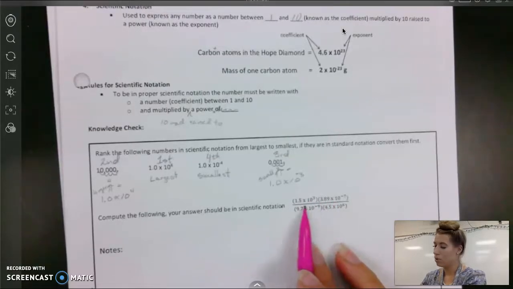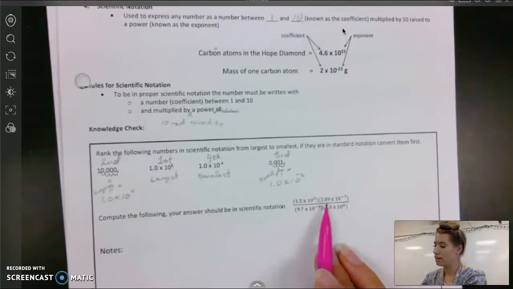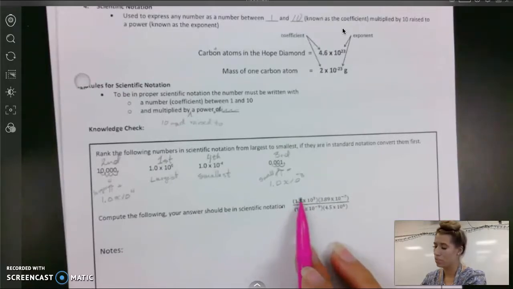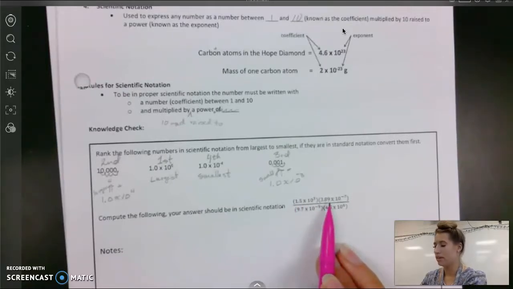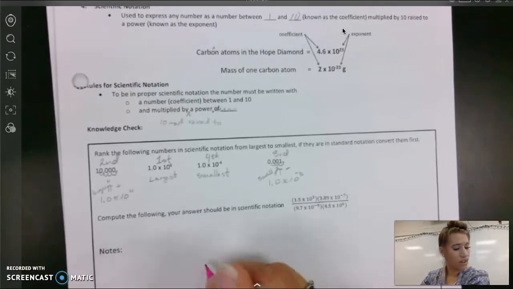Okay, so if I look at 1.5 times 10 to the 3rd and I look at 3.89 times 10 to the negative 7 and I'm multiplying those values, first I'm going to multiply 1.5 times 3.89.